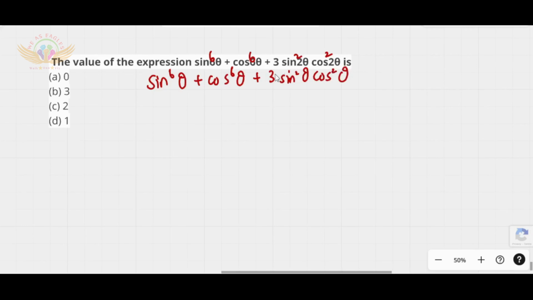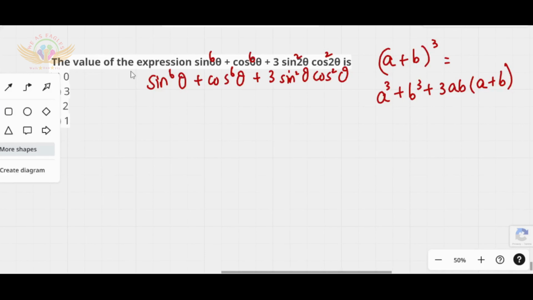Whenever you see this kind of equation, immediately you have to recall your algebraic formula, that is a plus b whole cube. It is in the form of a plus b whole cubed. The formula is a cube plus b cubed plus 3ab into a plus b. Okay. So how can we do this?